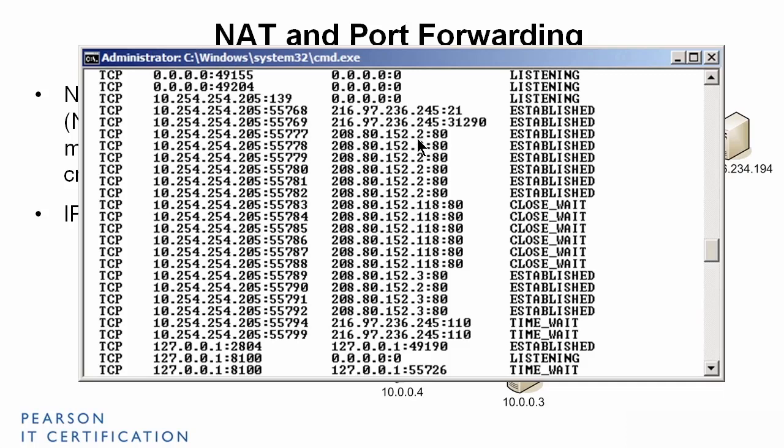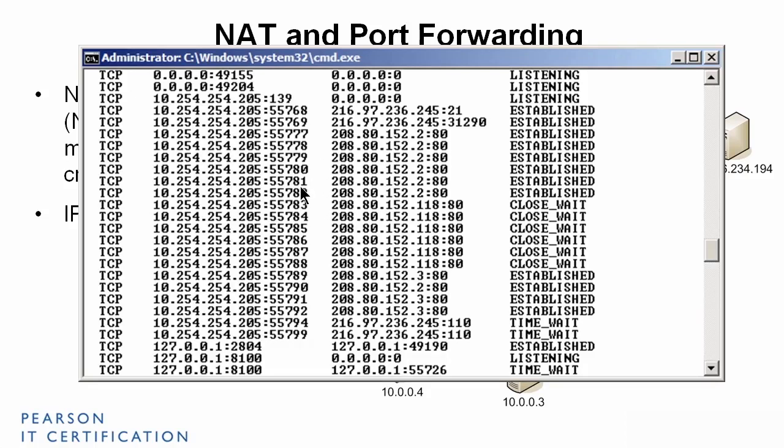208.80.152.2. How do I know it's a web server? Because it's using port 80. You see that colon after the IP address, that means that a port will follow that. Here's port 55778. That's connecting to the same web server. So is this one, and this one, and this one, and this one.